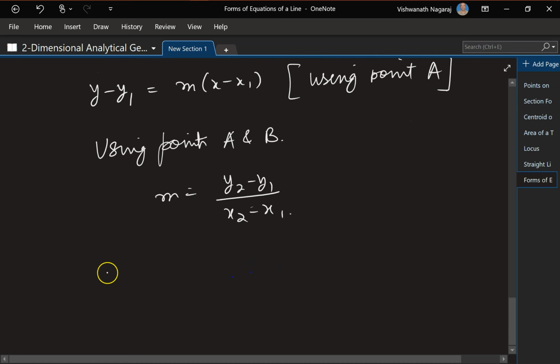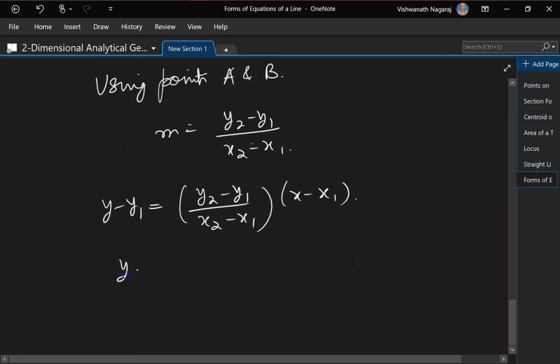Now let's do the substitution. y minus y1 is equal to m, we'll use this, y2 minus y1 by x2 minus x1, times x minus x1. Let's bring x minus x1 to this side. So y minus y1 by x minus x1 equal to y2 minus y1 by x2 minus x1. So this is the 2 points form of the equation of a line.